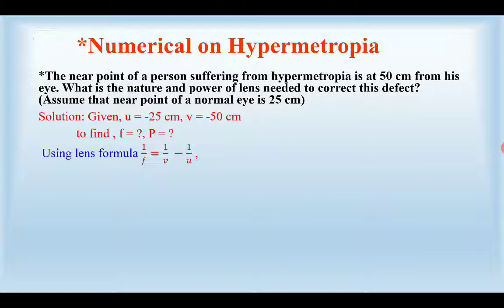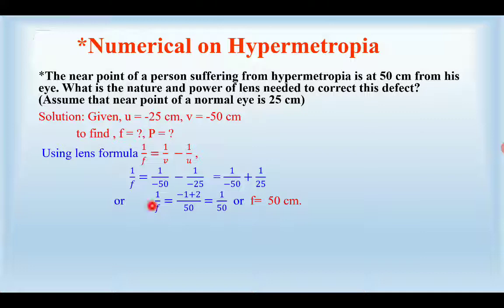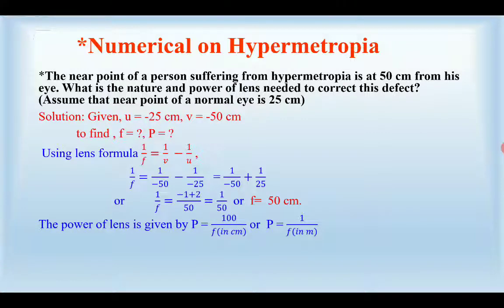So here let us substitute these values in the lens formula, that is 1 upon f is equal to 1 upon v minus 1 upon u, and we are getting 1 upon f is equal to 1 upon minus 50 minus 1 upon minus 25, and we are getting f is equal to 50 centimeter. The power of lens is given by 100 upon f.